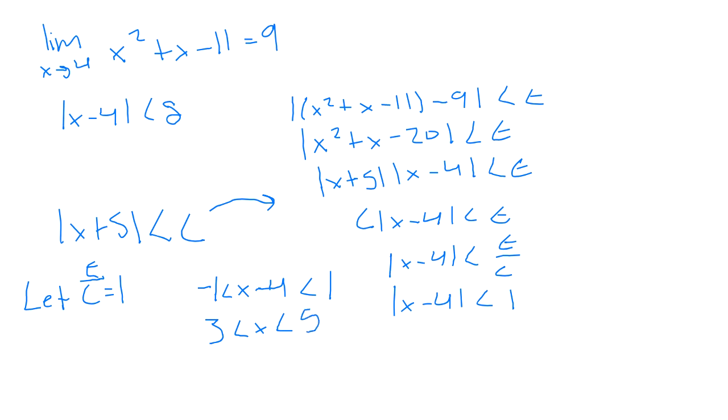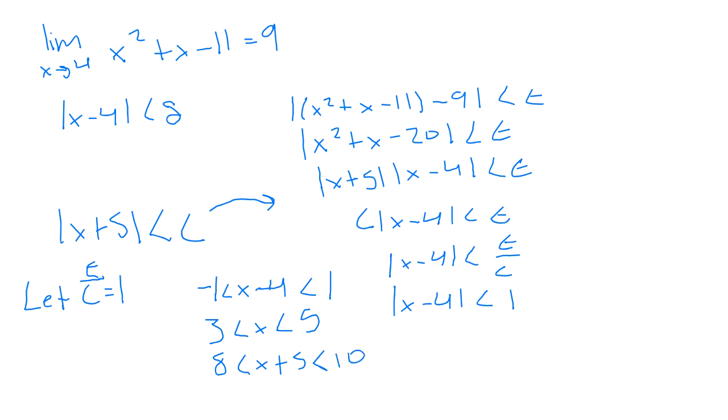Now, since we have x isolated, we can relate this back to that x plus 5. So we add 5 on each side, to where we get 8 is less than x plus 5, which is less than 10.